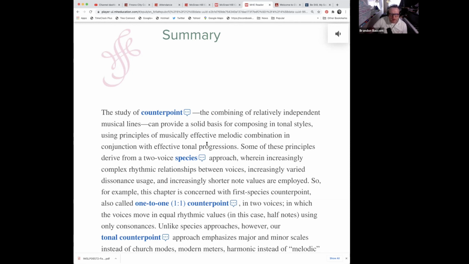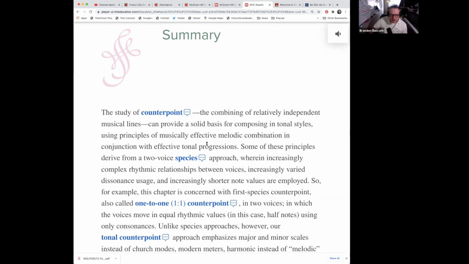Some of these principles derive from a two-voice species approach, wherein increasingly complex rhythmic relationships between voices, increasingly varied dissonance usage, and increasingly shorter note values are employed.